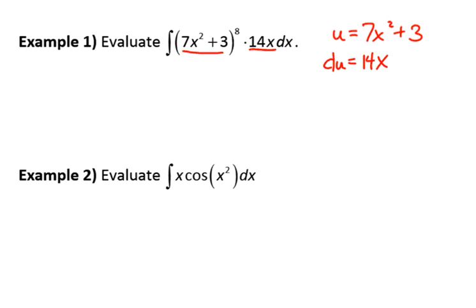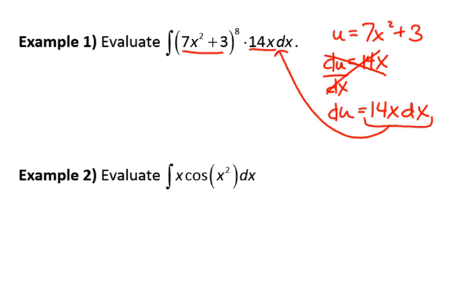Now, in the first example I said du over dx, but I typically skip this step and go straight to 14x and then just throw a dx on the end. So when I take du, I just put a dx on the end. All right, so now I have my 14x dx, which is going to be my du. So rewrite it, substituting everything in terms of u. 7x squared plus 3 is u, so that's u to the 8th power, and then 14x dx is just du.